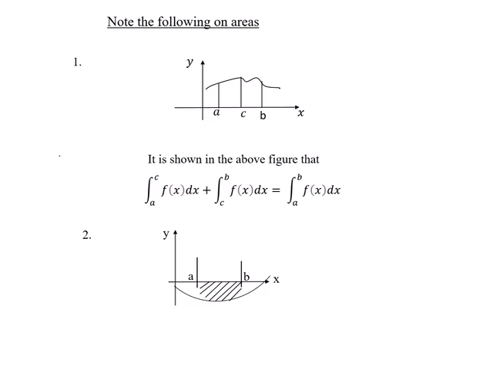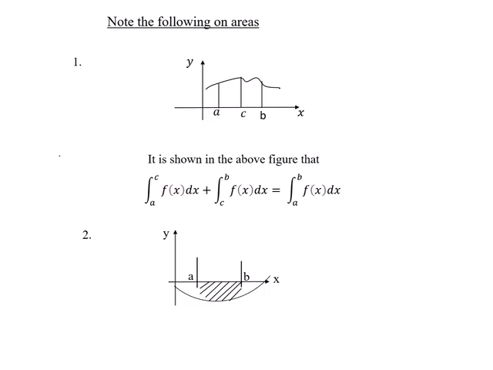It is shown in the above figure that integral f of x dx from a to c plus integral f of x dx from c to b is equal to integral f of x dx from a to b. That is because it is on the positive side of y. So that's why we're having the addition, and it becomes the integral f of x dx from a to b.